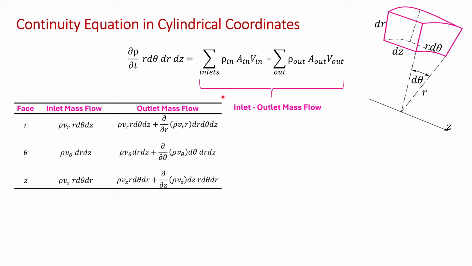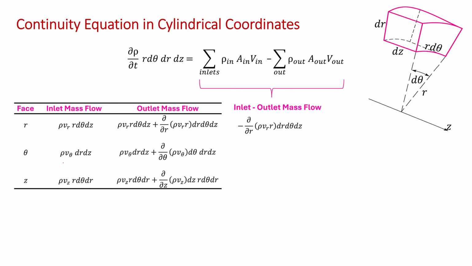Notice we have to take the mass flow rate in minus the mass flow rate out on each of the faces, sum them, and set them equal to the rate of mass storage in the control volume. So let's start with the r direction. If we take the inlet term minus the outlet term, this term cancels with this term, and we end up with the negative here. And so that's the result.